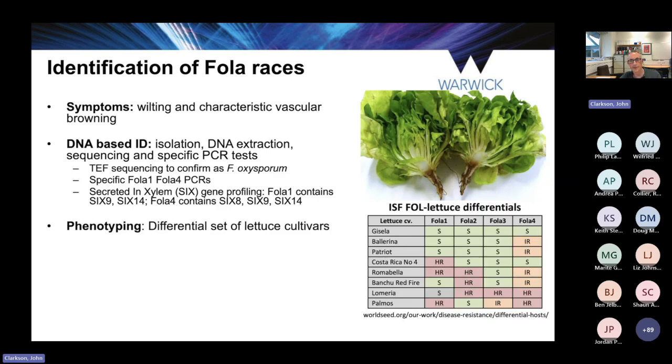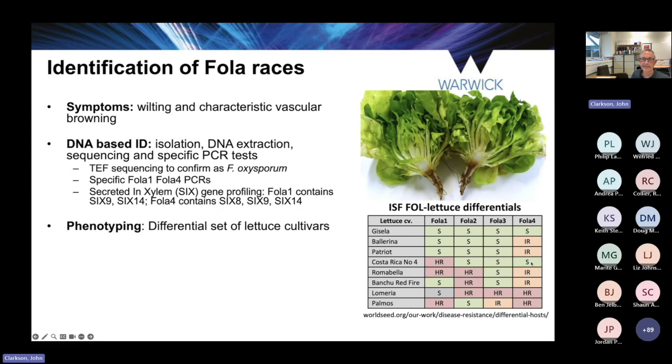Then a key part of identifying races is also to test against a differential set of lettuce cultivars, and there's a diagram on the right that represents that. For instance, if we look at Costa Rica number 4, halfway down this table, you can see it's highly resistant to race 1 and susceptible to race 4.